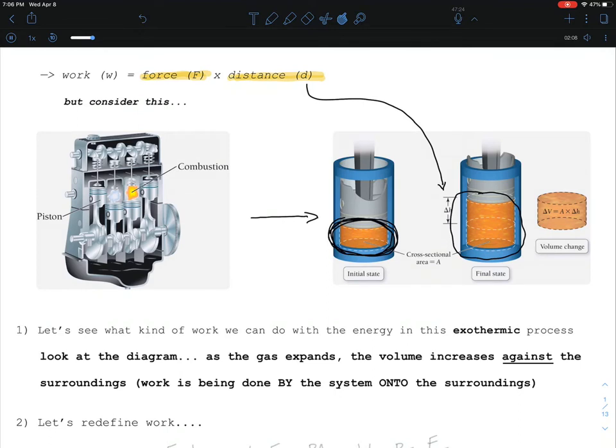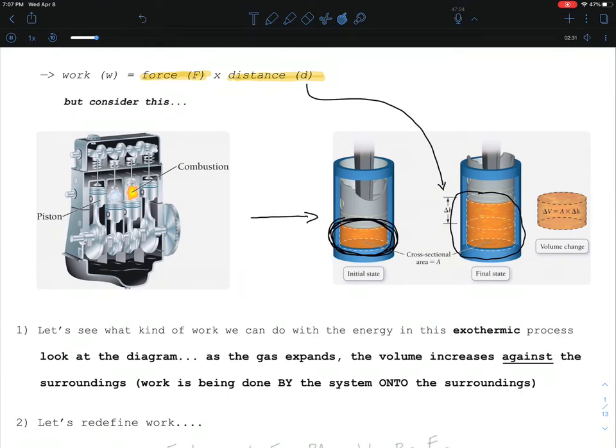When the combustion reaction occurs, you're going to increase the volume of the cylinder, so you're increasing the distance, and so therefore the change in the volume of the entire cylinder, the cross-sectional area is not going to change, right, of your cylinder, but the height will. And so we're going to take that area and multiply it by the change in the height. We get our change in volume.